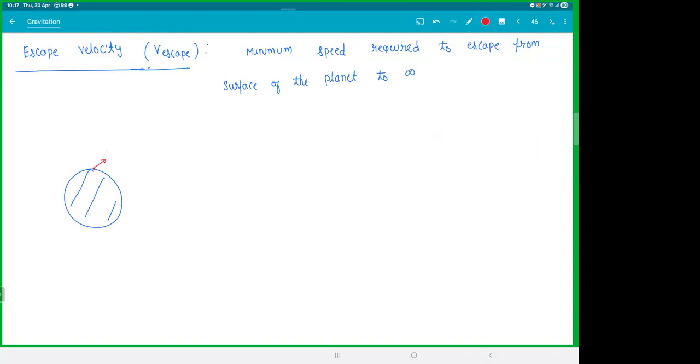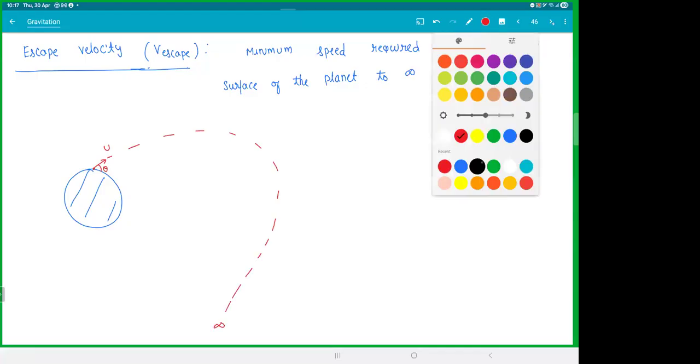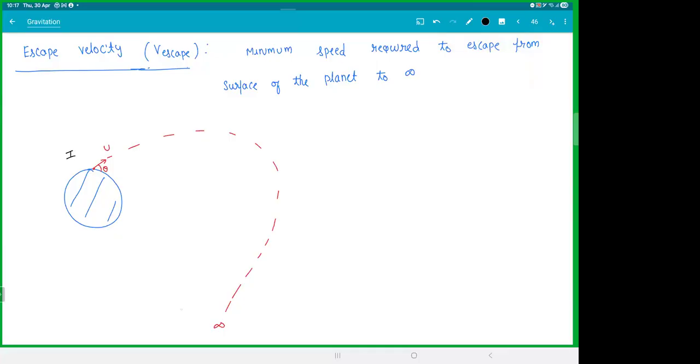So if you launch something with speed v at an angle theta, this thing goes off to infinity. This is your state 1, infinity is state 2. Since you're asking for minimum speed, when you reach infinity you almost go with zero speed, right? It need not go in a straight line here because you're throwing at an angle. So energy in state 1 is equal to energy in state 2.